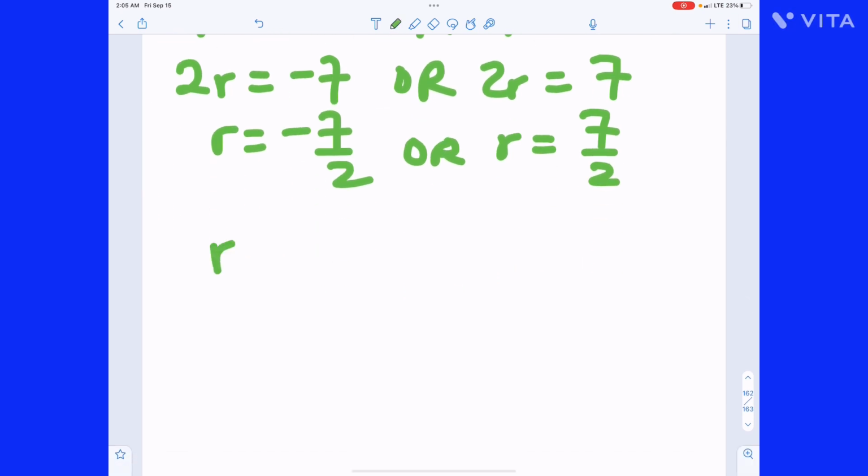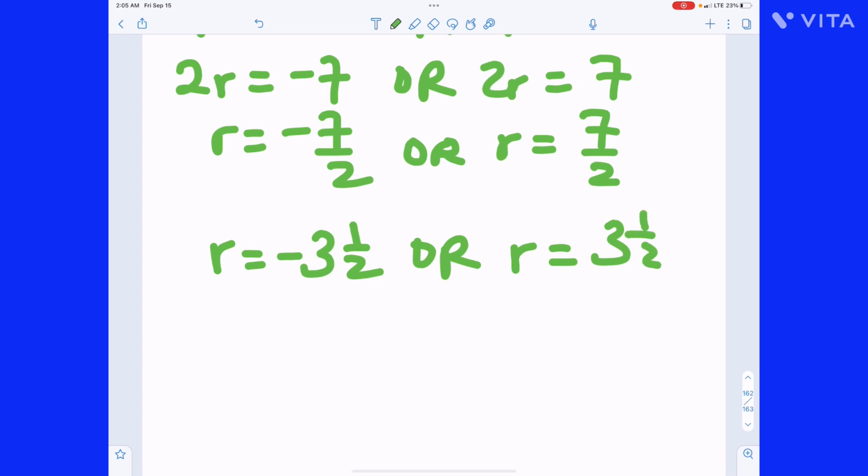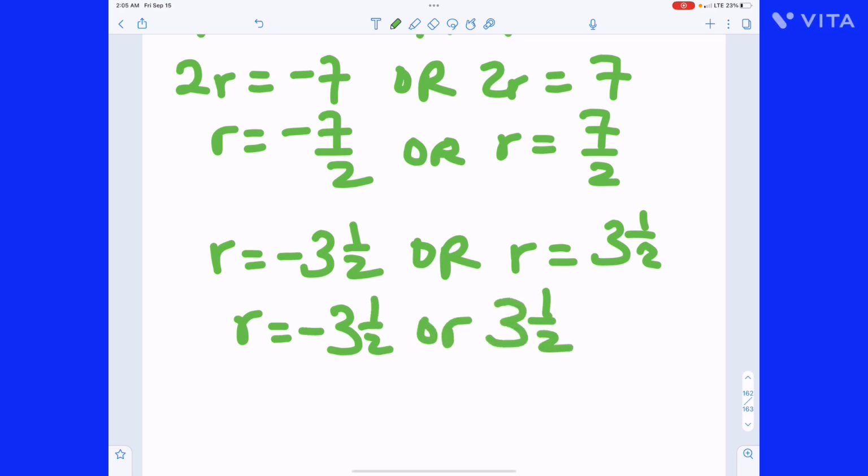So r is minus 3 and a half, or r is 3 and a half.